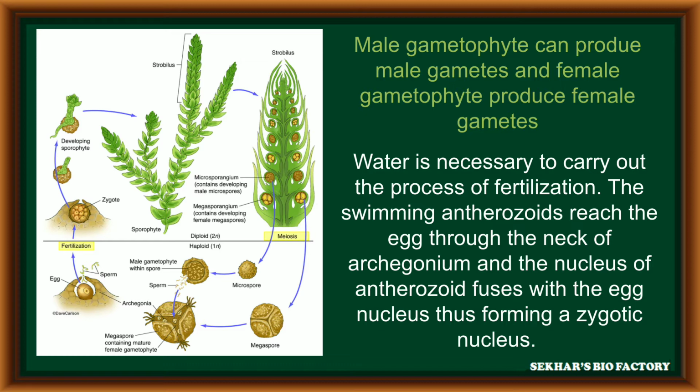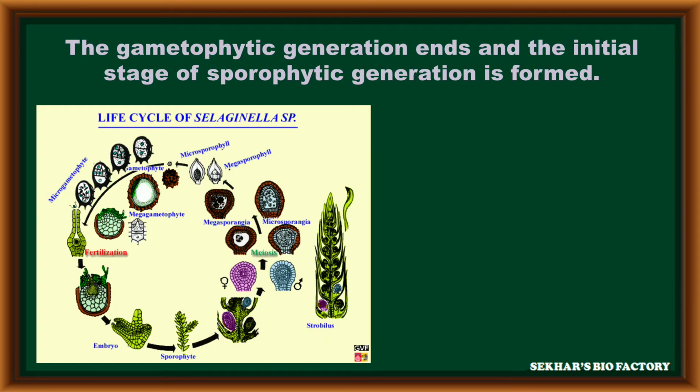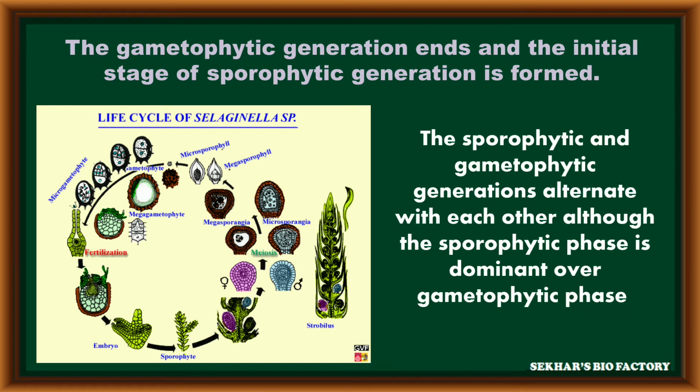The nucleus of the antherozoid fuses with the egg cell nucleus to form a diploid zygote. The gametophytic generation ends and the initial stage of the sporophytic generation is formed. The sporophytic and gametophytic generations alternate with each other, although the sporophytic phase is dominant over the gametophytic phase.